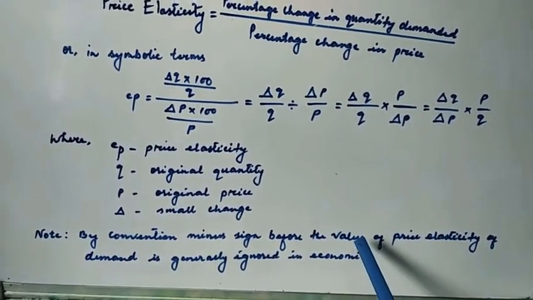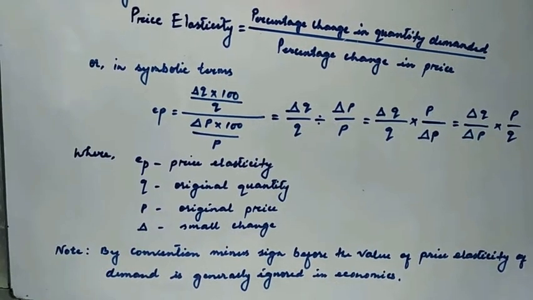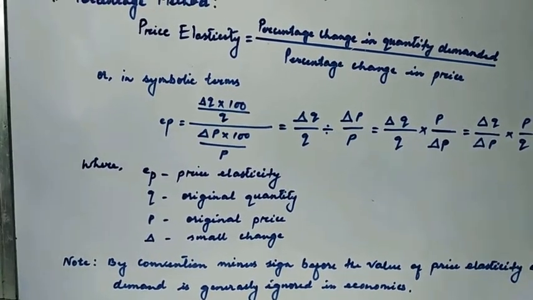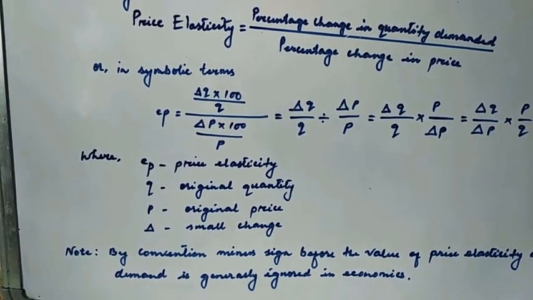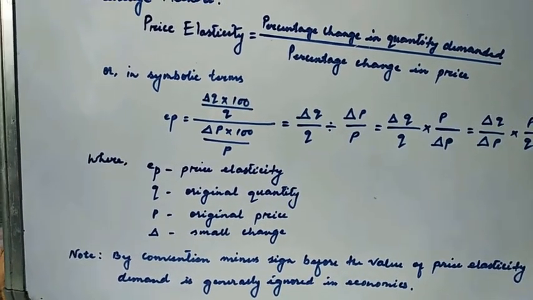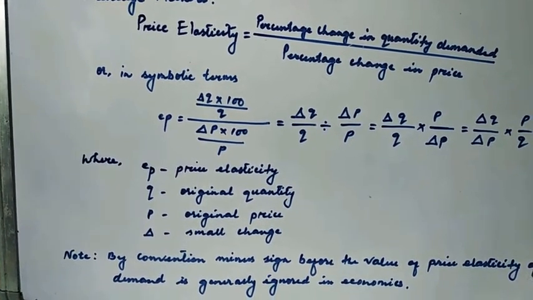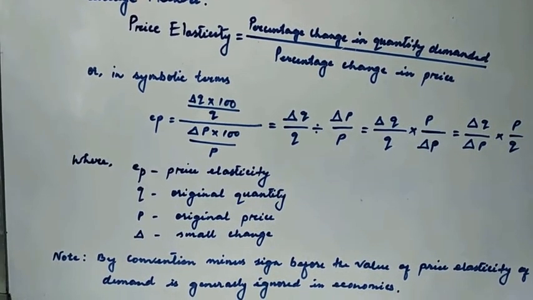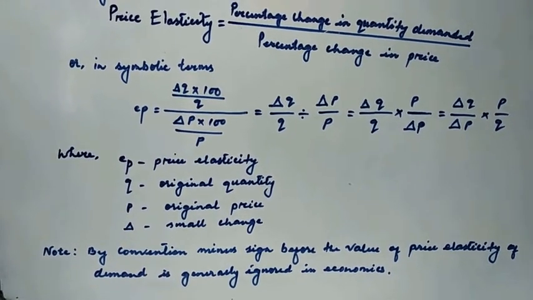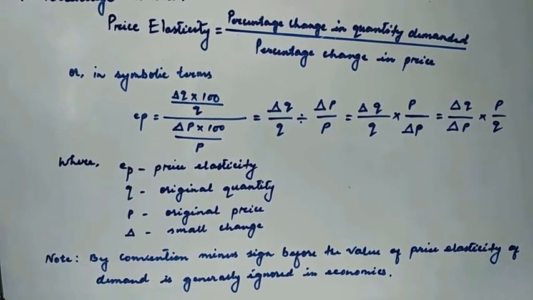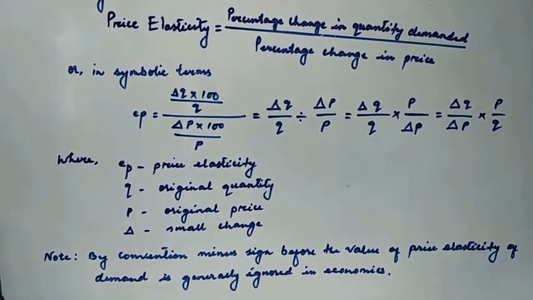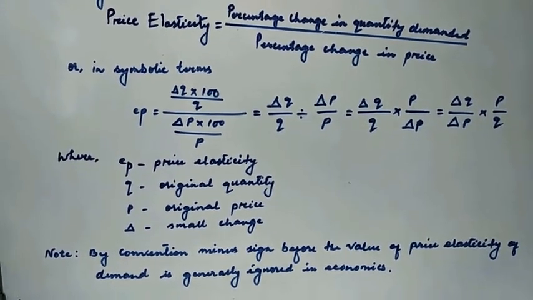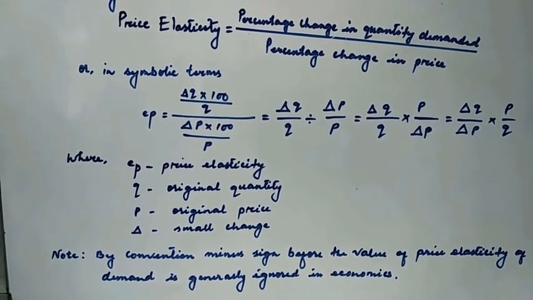One thing that we have to keep in mind is that elasticity of demand has a negative sign, since the change in quantity demanded of a commodity is in the opposite direction to the change in its price. The law of demand is an inverse relationship between quantity demanded and price, so by nature it has a negative sign.